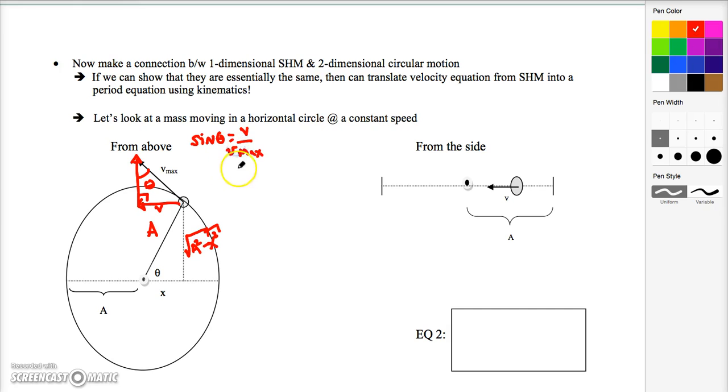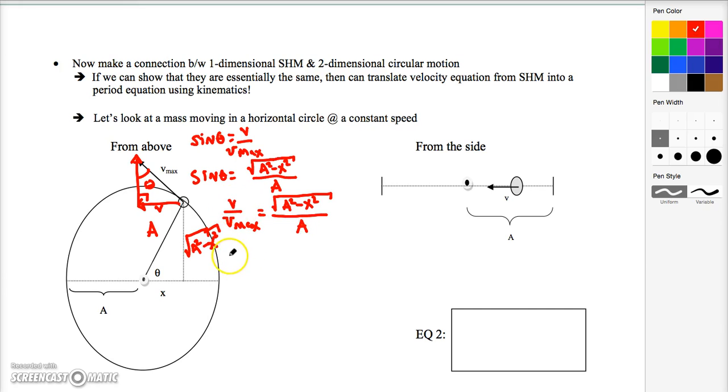And then sine of the angle also equals the radical of a squared minus x squared, all over a. And since these angles are the same, what we essentially have is two equations equal to the same quantity. We could set them equal to each other. So we have v over vmax equaling the square root of a squared minus x squared, all over a.